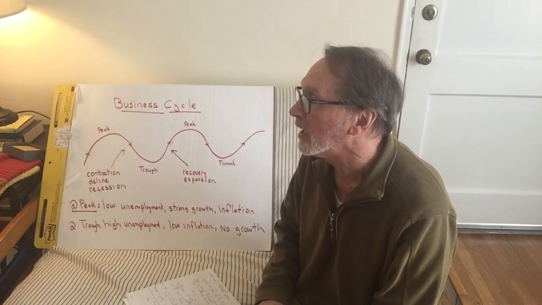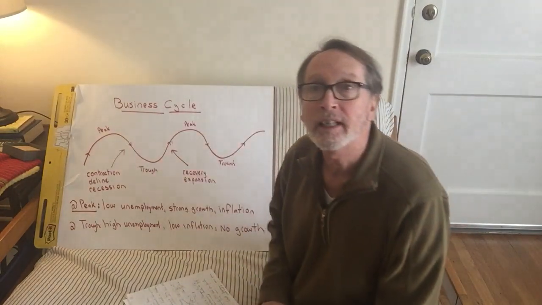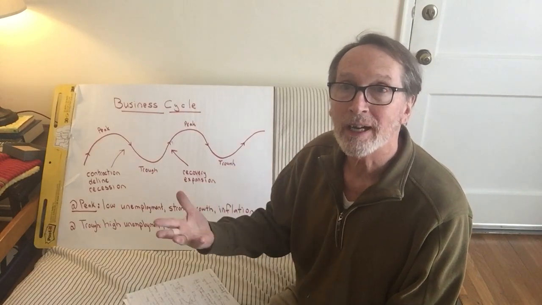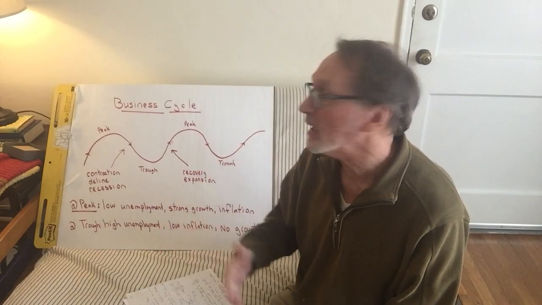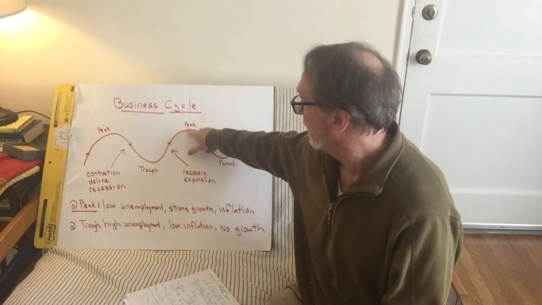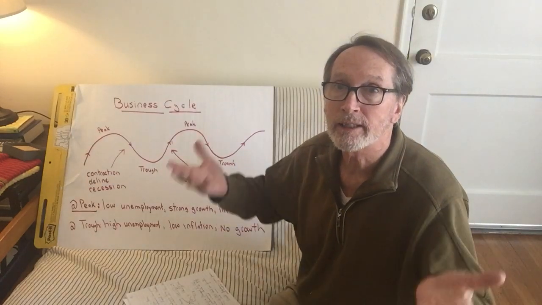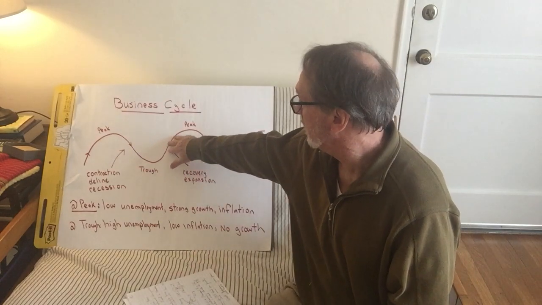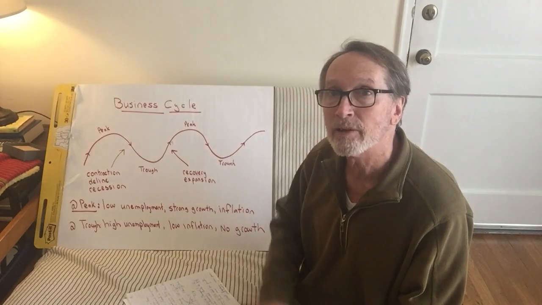In the short run, there are peaks when business activity is strong, everyone has a job, GDP is growing, we are at a high point in the economy. And so everyone is growing, and it's kind of a dynamic economy. Obviously, it expands to that point, and at some point it takes a downturn.